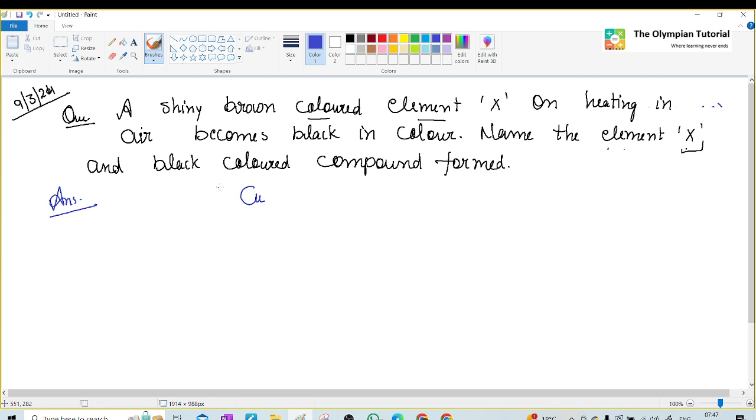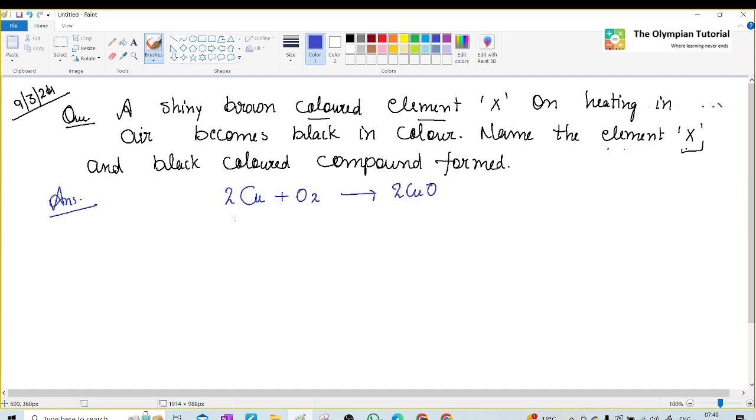Yes, ma'am. Cu plus O2 gives CuO. So, 2CuO. I'll write it first and then I'll balance. Done.